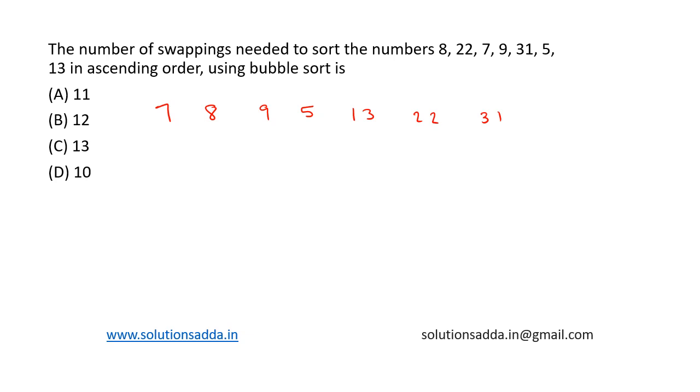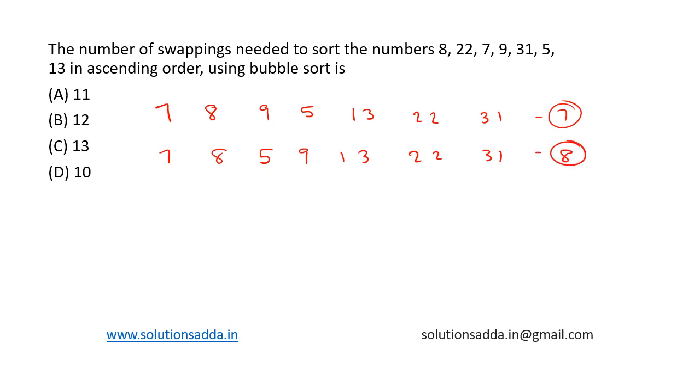This is the seventh swap. Next, in the next pass, 13 and 22 it's not swapped. 22 and 31 also it's not swapped. Now we have 7, 8, 9 and 5 get swapped. So we have 7, 8, 5, 9, 13, 22, 31. This is the eighth one.